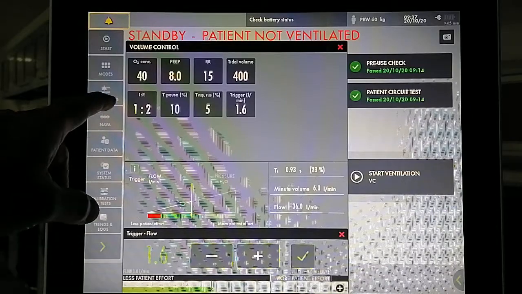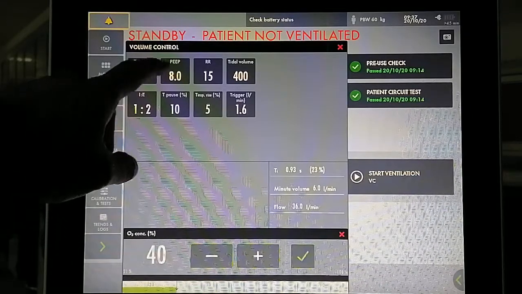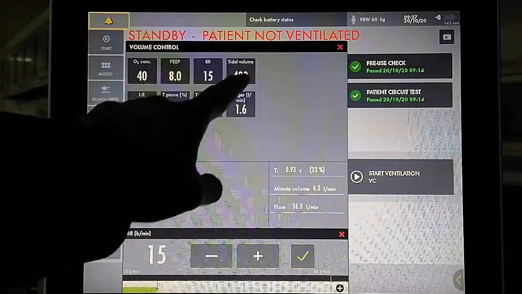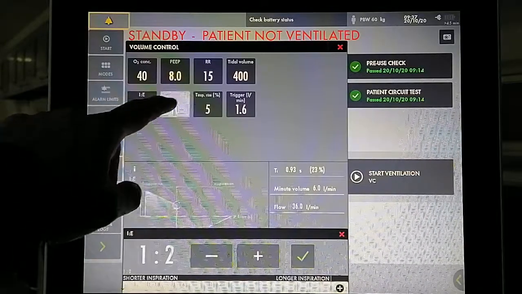Once you press each one, there are associated displays.